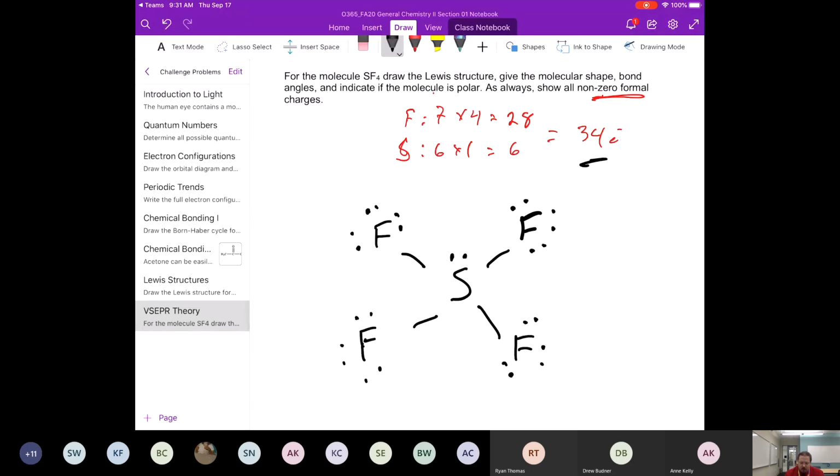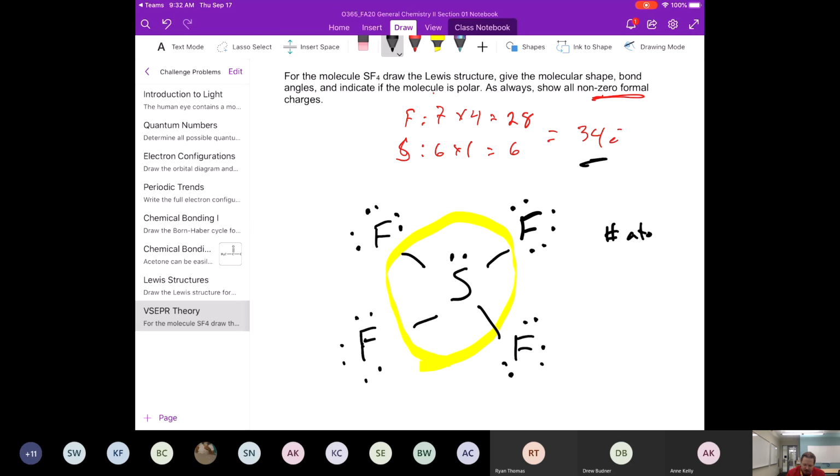Now if we look around this central atom, our shape is going to be determined by the central atom. So we're going to look at what's going on right here around this central atom.